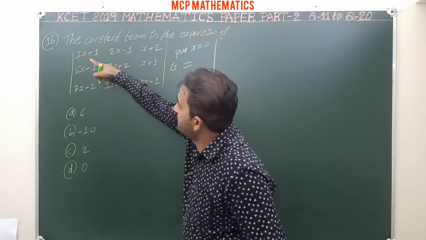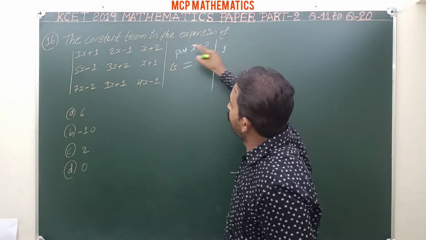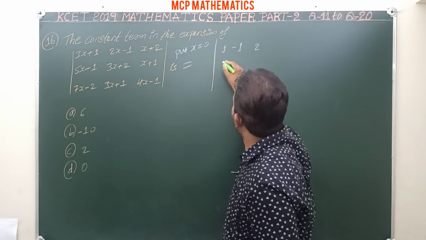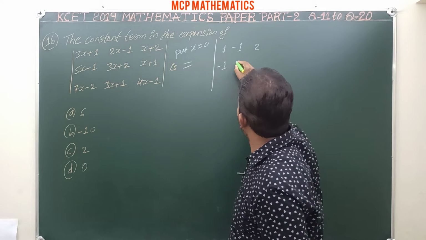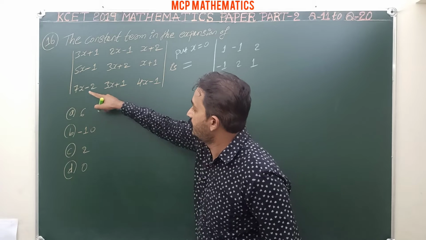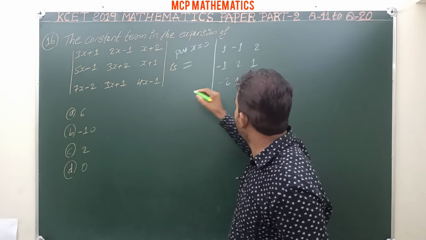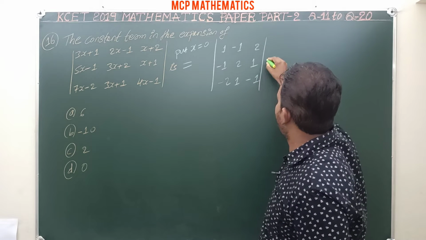this becomes 0 plus 1, 1, minus 1, 2, minus 1, 2, plus 1, here minus 2, plus 1, minus 1. Expanding this, we get the required answer.